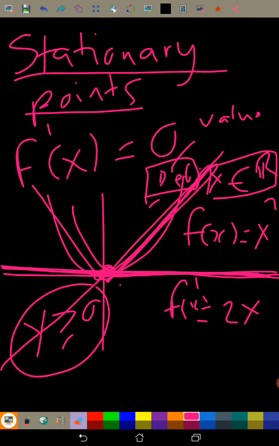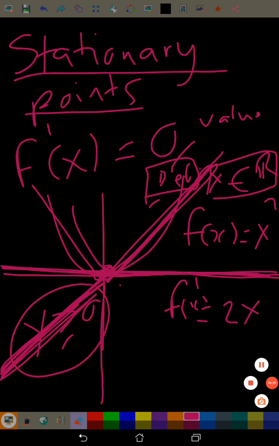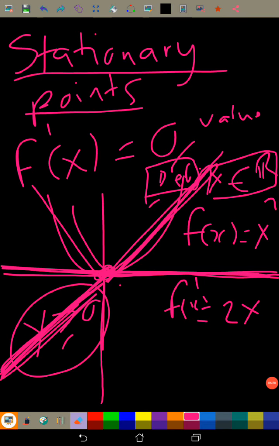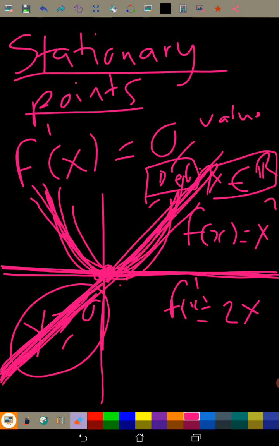But here, when the derivative is negative, I don't know. I think now I'm overthinking it a little bit, because clearly the gradient is decreasing here and then increasing if we look at the function itself. So this is how it looks. It's negative and then positive.